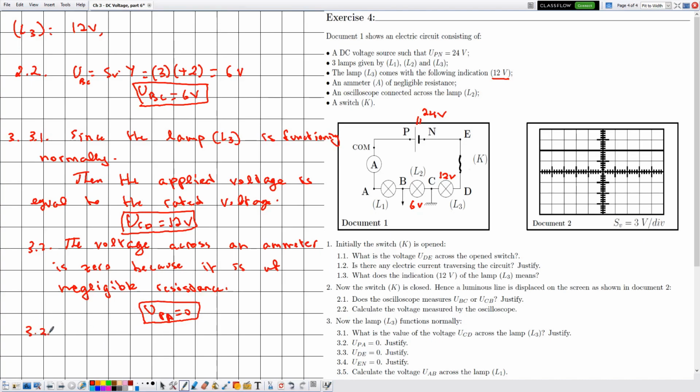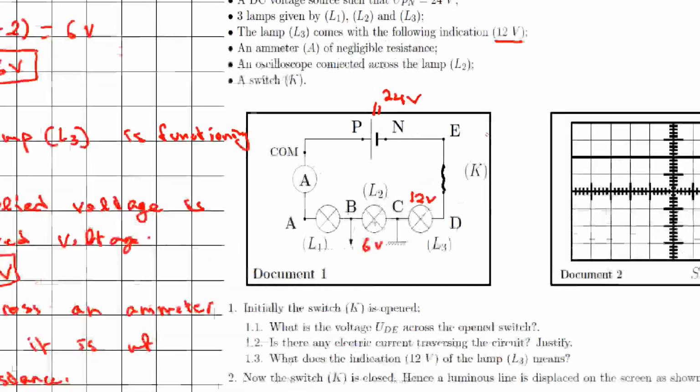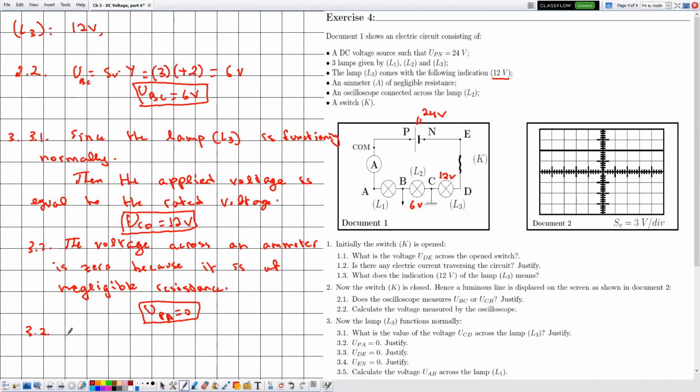Now in 3.3 they are telling me UDE is equal to 0, justify. Across the DE we have a closed switch, and we know that the voltage across a closed switch is 0 because it acts as a connecting wire.